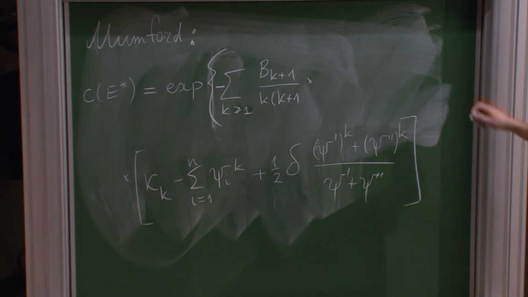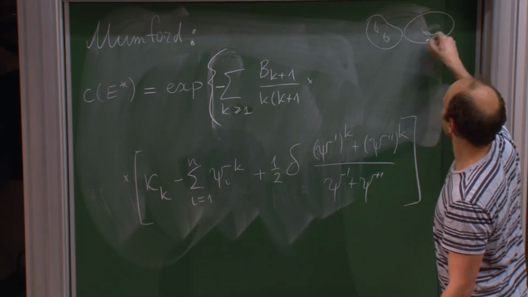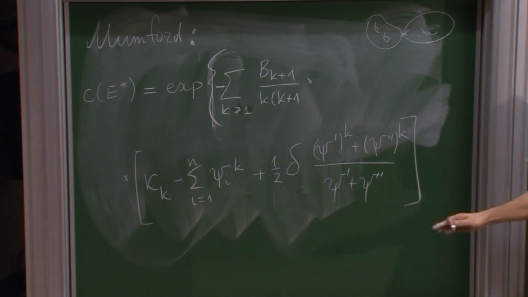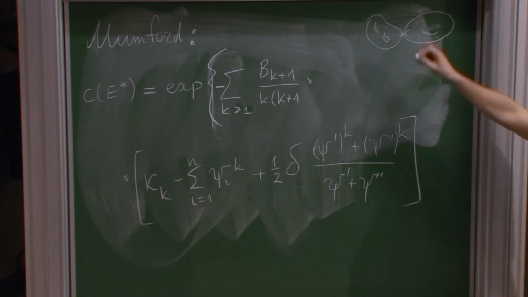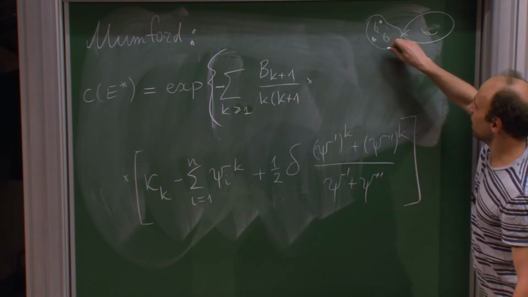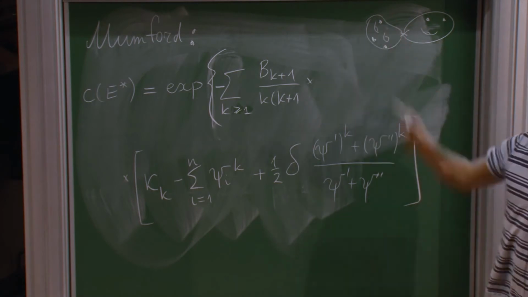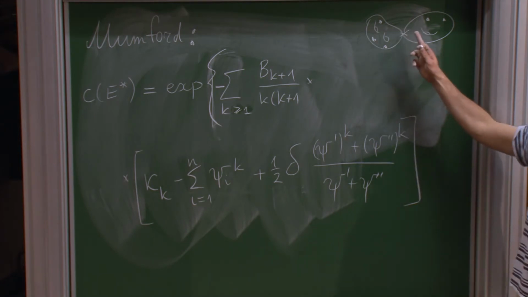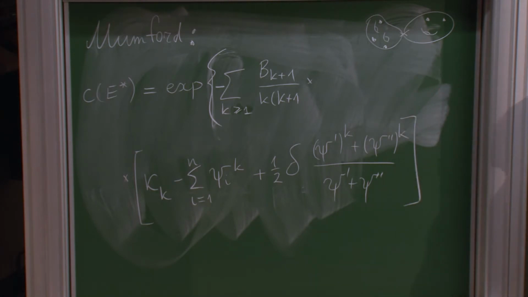So when you have a boundary stratum like that, you have two psi classes at the node. At the node you have two branches that meet, so you have two cotangent lines to the branches. You have, as usual, the usual psi classes attached to the marked points, with the cotangent line to the marked points here. But on this boundary divisor, you also have the cotangent lines to the attachment points of the two branches.